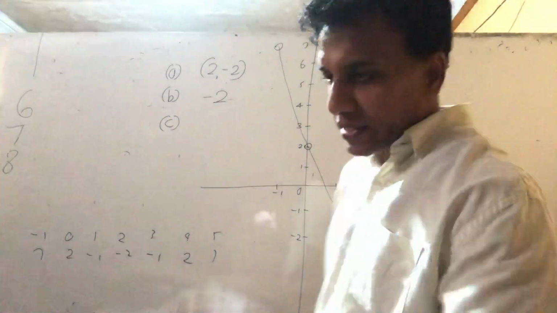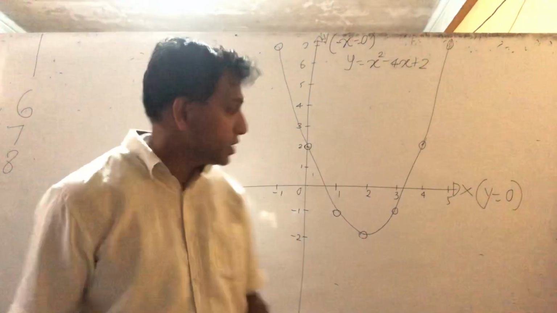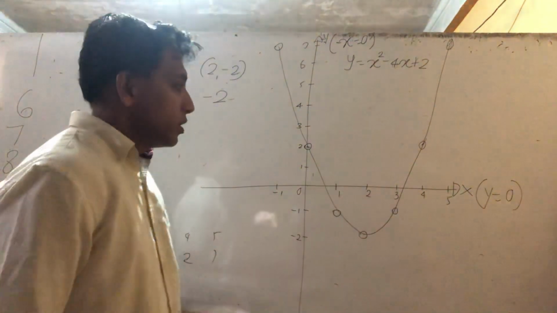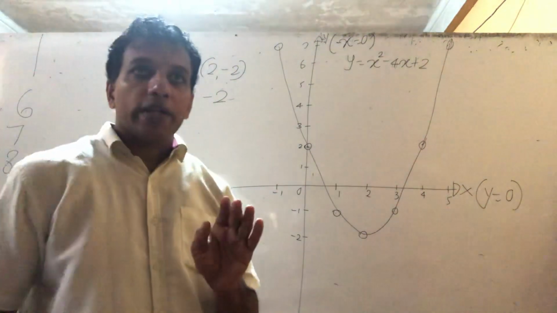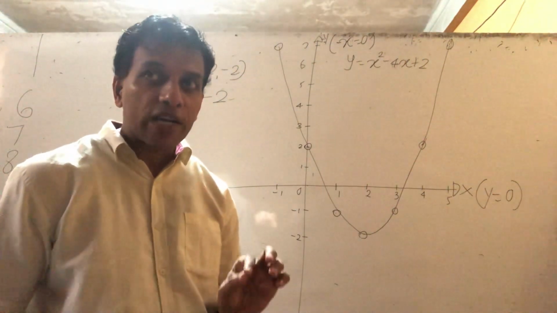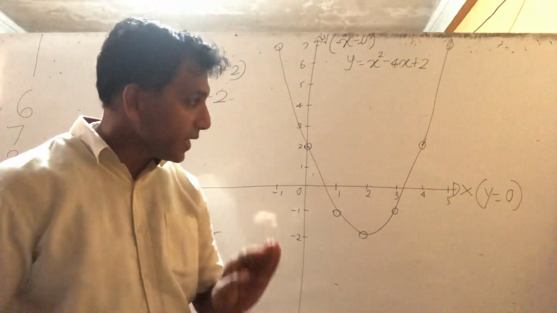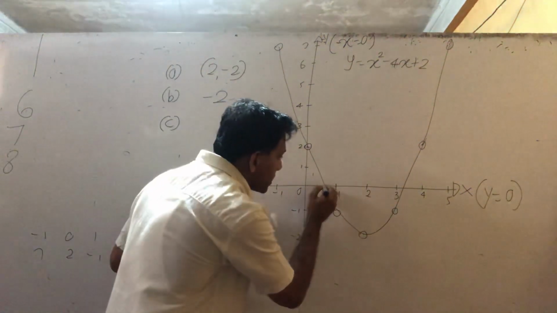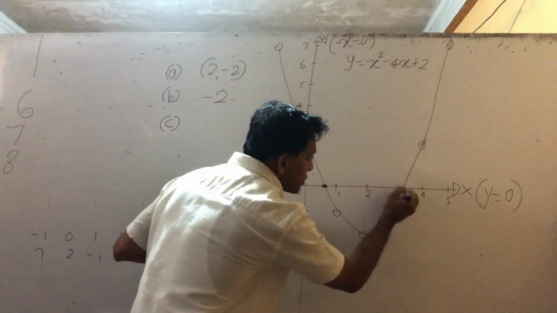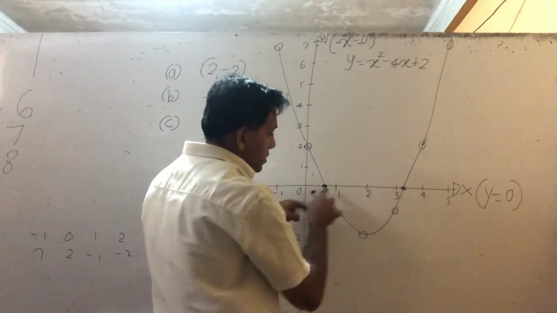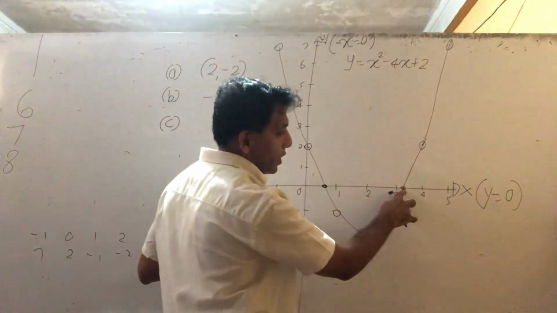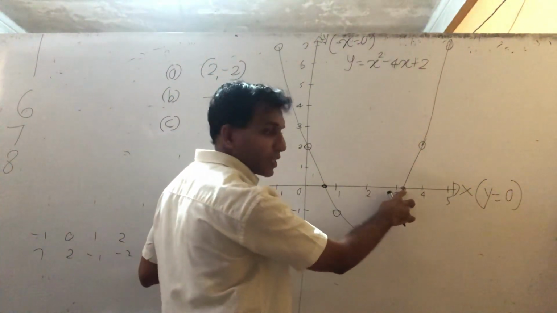Because here we have the x values, no y value here, we write the values of x where the function is 0. That means y is 0, so what is the x value? That means where the graph cuts the x-axis. These are the two values. At these points y is 0 but there are x values.